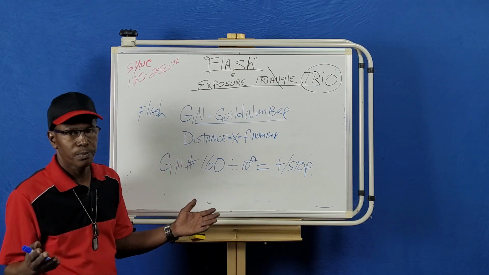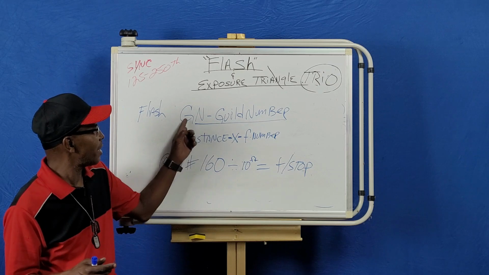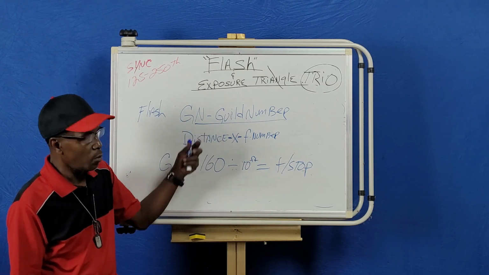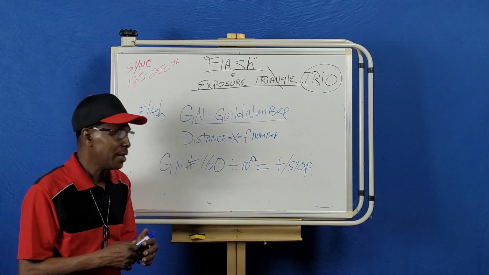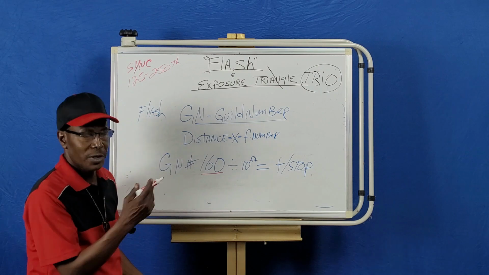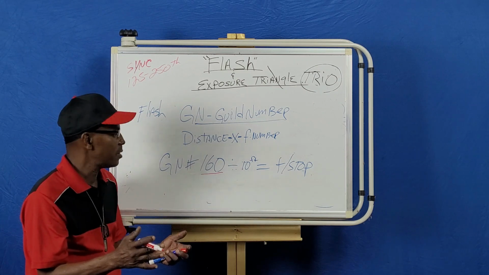The way we would pretty much buy a flash is by the guide number, the GN number. So the guide number would determine the power output of the flash. If your guide number, for example, had a reading of 160, that's the power output of the flash.